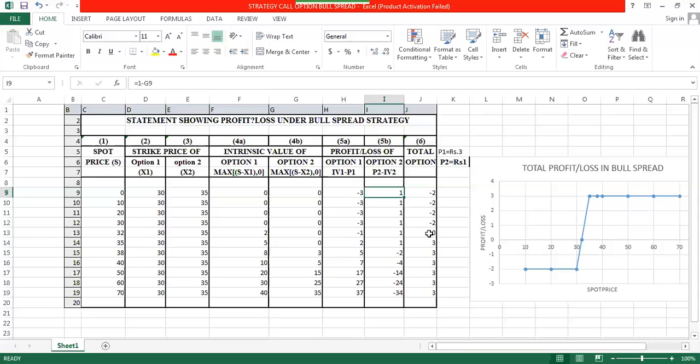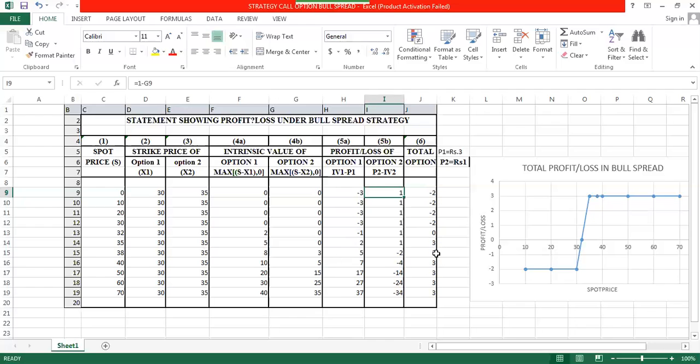So break-even will happen at a spot price of X1 plus P1 minus P2, and after that, you will start making profit. In fact, you will make maximum profit when the spot price is equal to the strike price of the second option, X2.